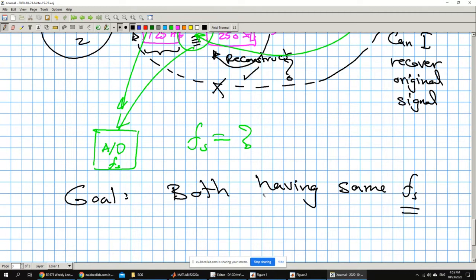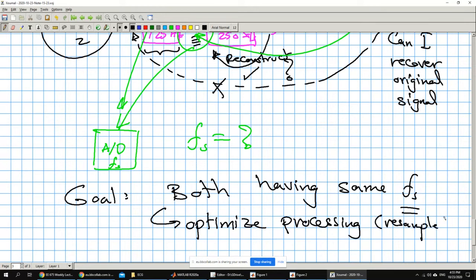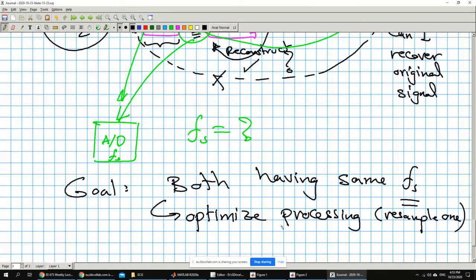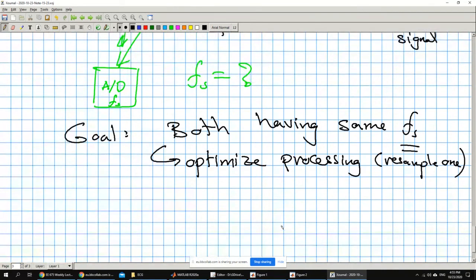I don't really care what that FS is, but you optimize processing. So basically, I resample only one signal rather than both. So I select FS to be either 250 or 360.